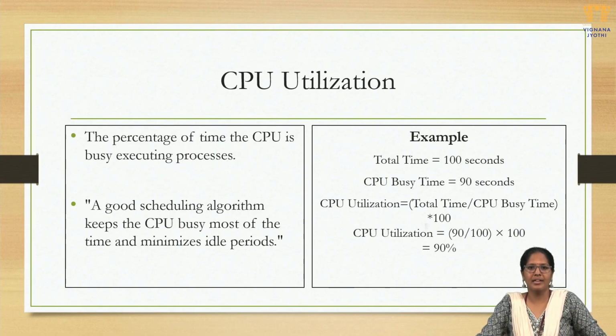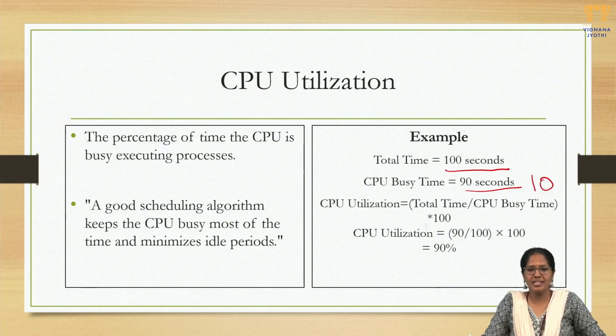The first scheduling criterion is CPU utilization. CPU utilization is the percentage of time the CPU remains busy executing processes instead of remaining idle. Let us understand CPU utilization with a simple example. Suppose we observe the CPU for a total duration of 100 seconds. Out of these 100 seconds, the CPU spends 90 seconds executing processes and 10 seconds remaining idle.